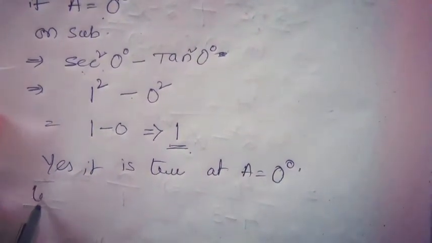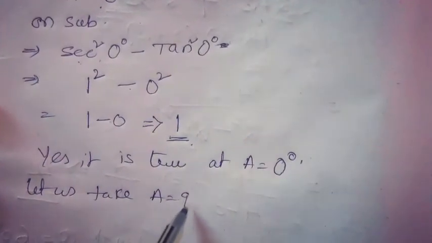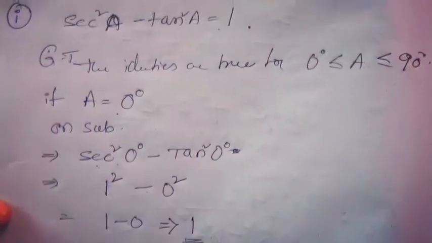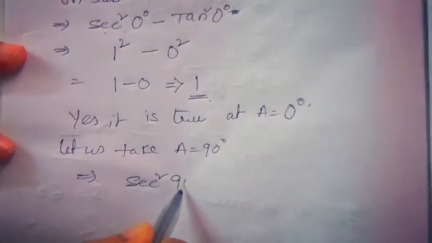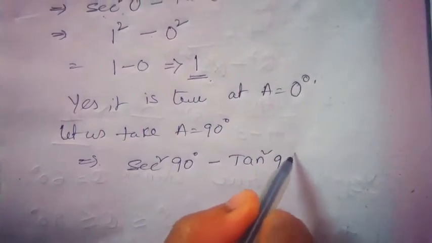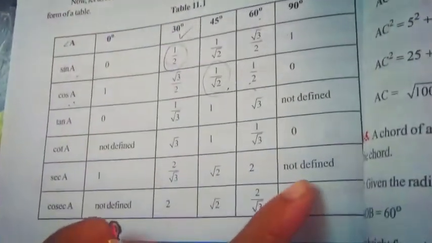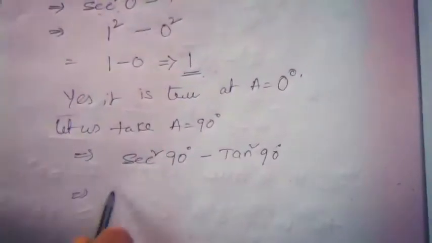Let us take a is equal to 90 degrees for this. On substitution, secant square 90 degrees minus tan square 90 degrees. Look here, secant 90 degrees is not defined, tan 90 degrees is not defined.